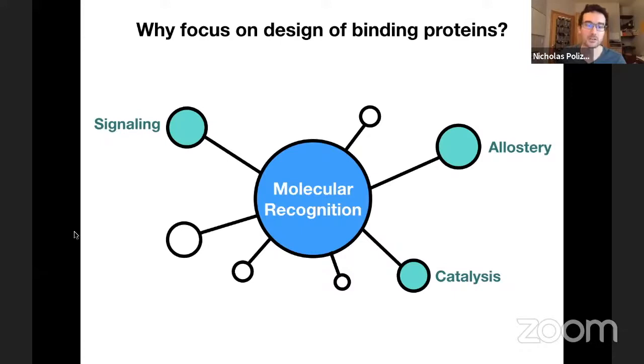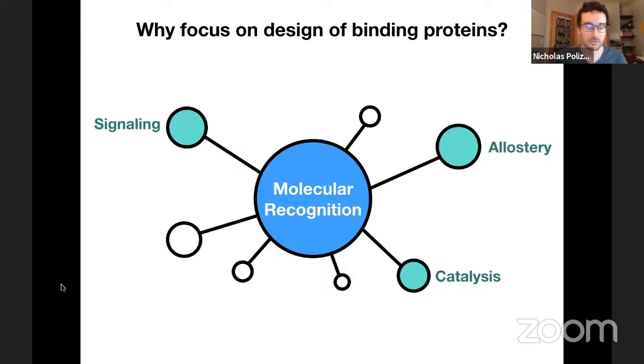Almost every single protein function essentially works through some level of molecular recognition. And so I would argue that if we can't master the manipulation of how proteins recognize ligands, then we can't really begin to design these new kinds of functions from scratch or even understand them.